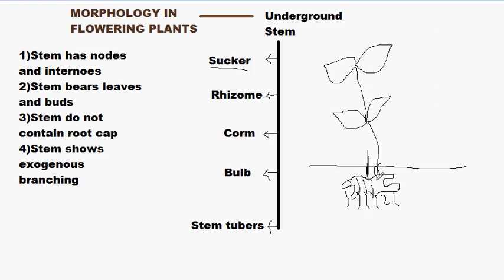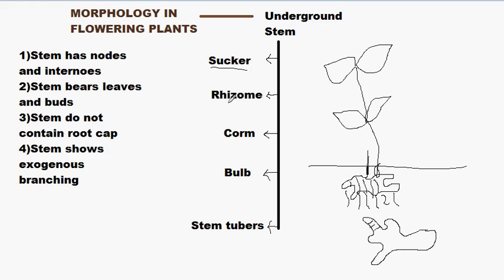There will be branching also. What do I mean by branching? So if this is the stem, this can develop some branch like that. So this structure looks pretty much like ginger. If you have seen ginger, the example is correct. Ginger is a type of rhizome.